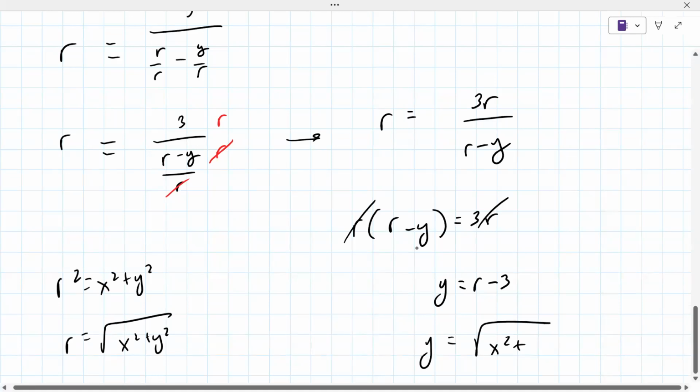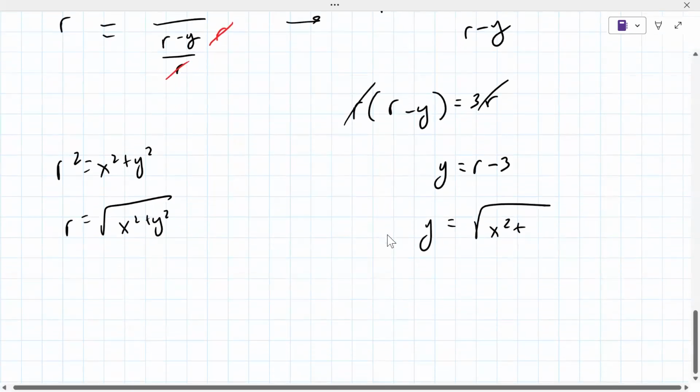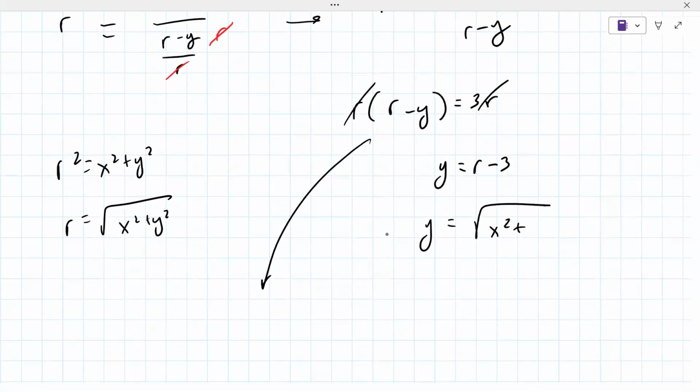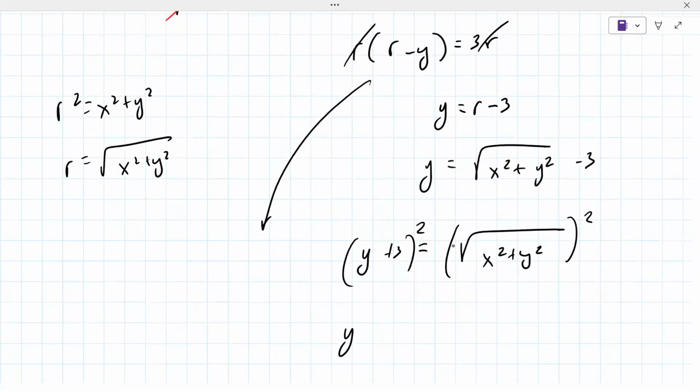Now, maybe that's not the right way to go here. Probably they wanted you to do this. Well, yeah, okay, and maybe not. Let's go x squared plus y squared minus 3. So you could add 3 to both sides, and then you could square both sides. And sometimes I'm not sure where to stop these things, truthfully.